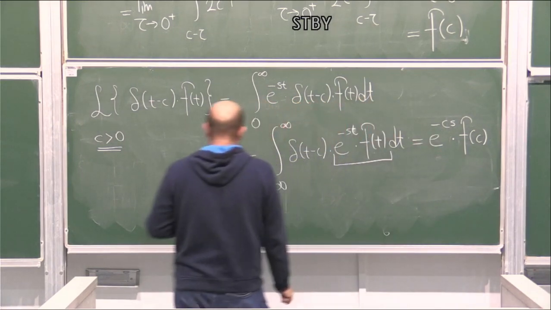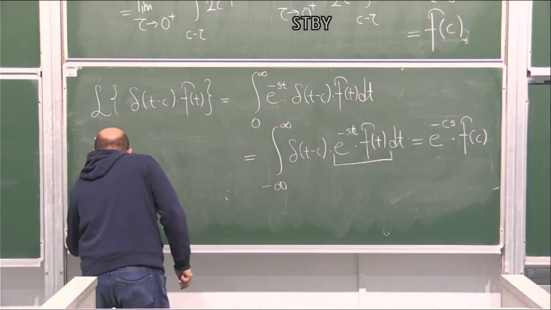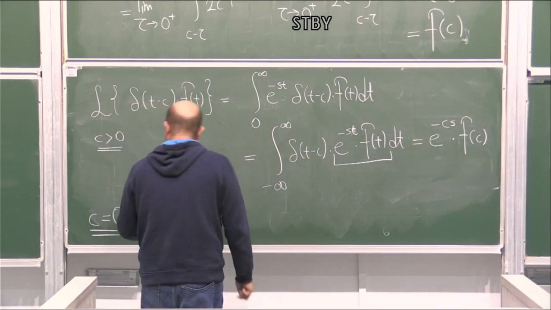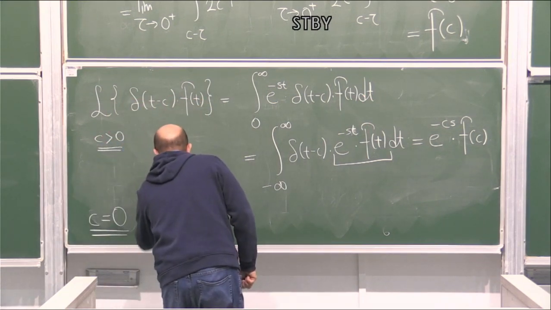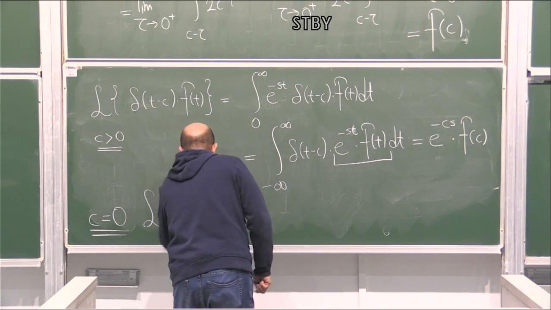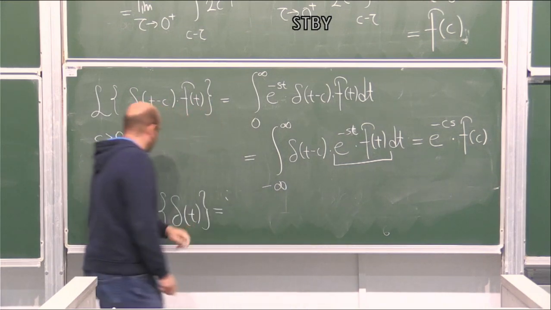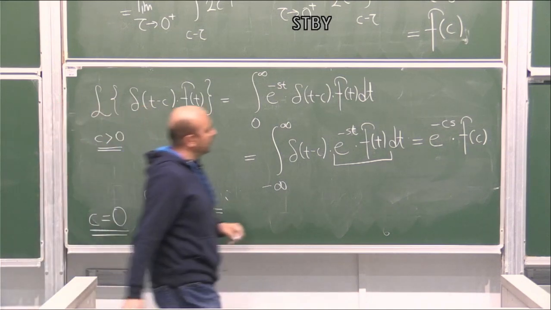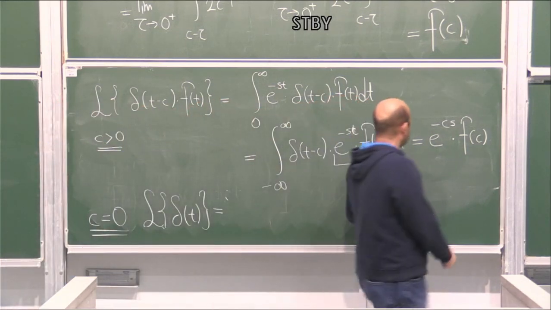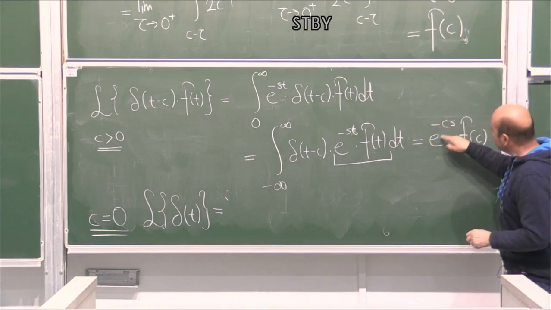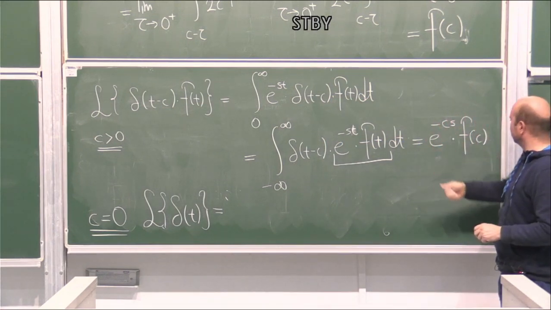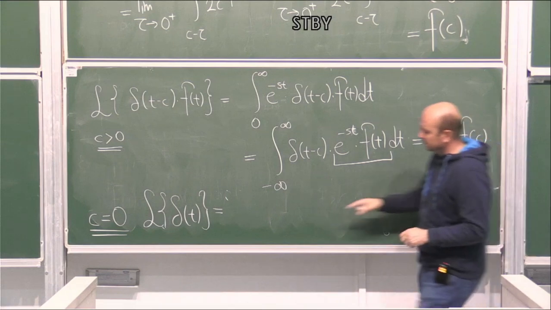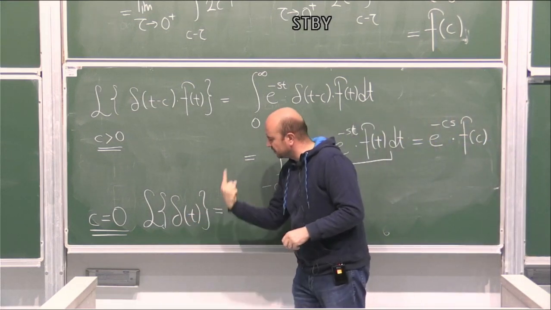So what happens if c is 0, then the Laplace transform of the delta function at 0, delta of t minus 0, you can say. So c is 0. If you plug in c here, then you get e to the 0 is 1. So f here, the function next to delta, is the constant function 1.